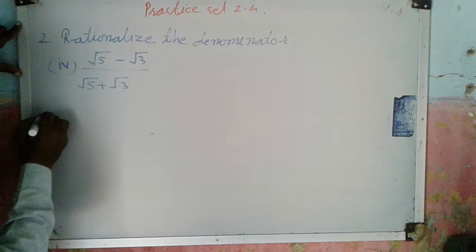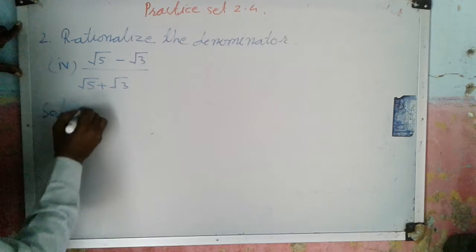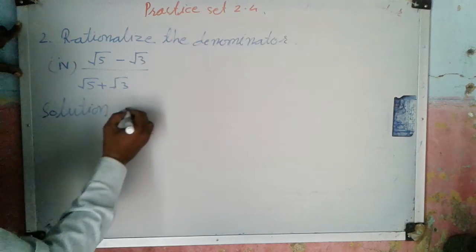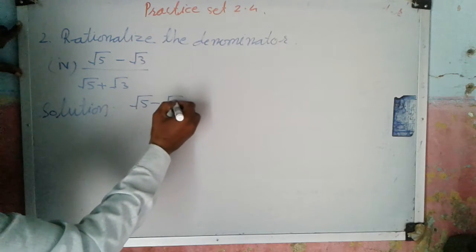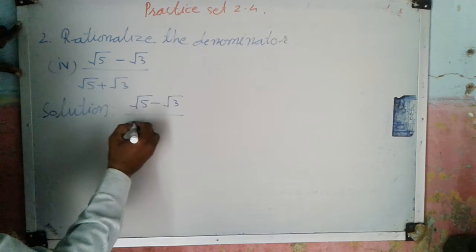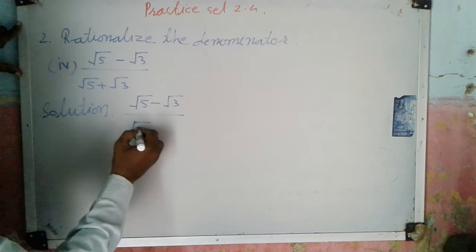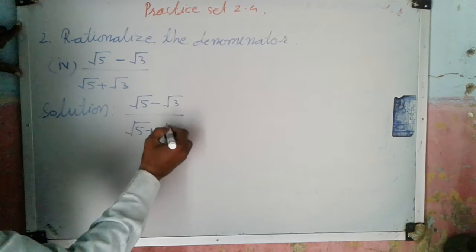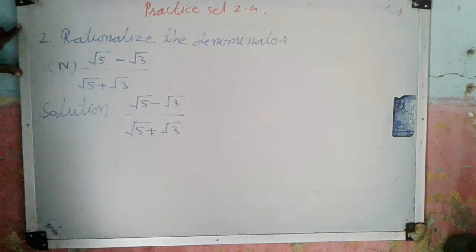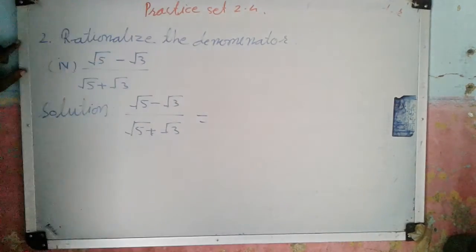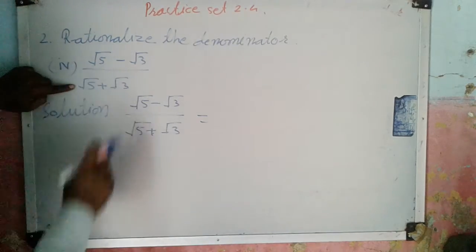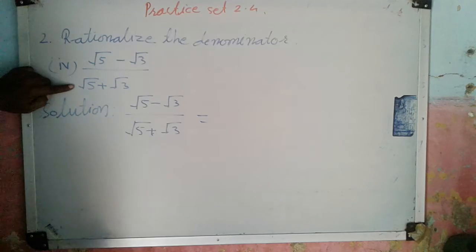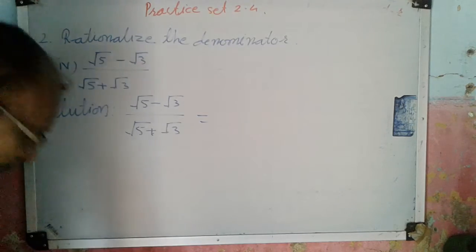The conjugate pair of root 5 plus root 3 is root 5 minus root 3.